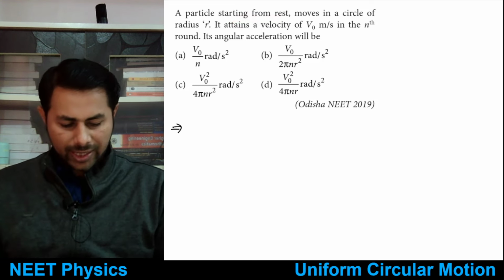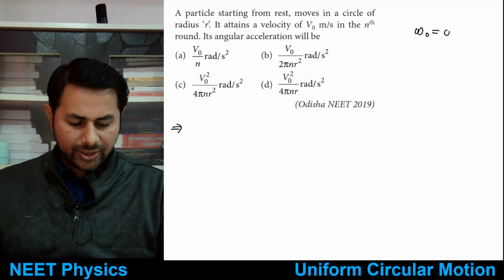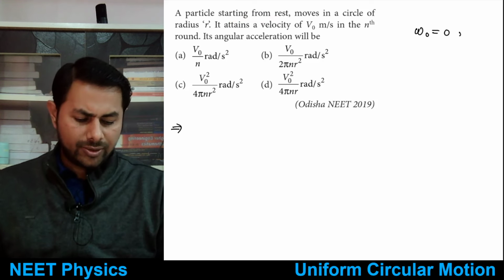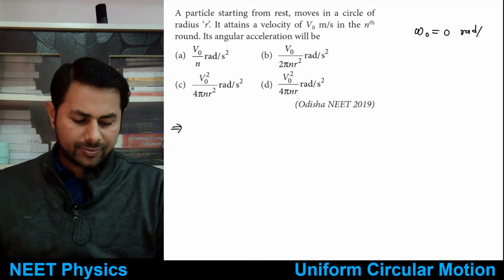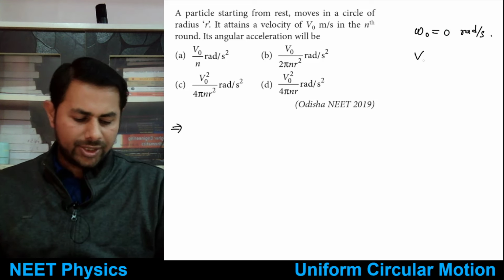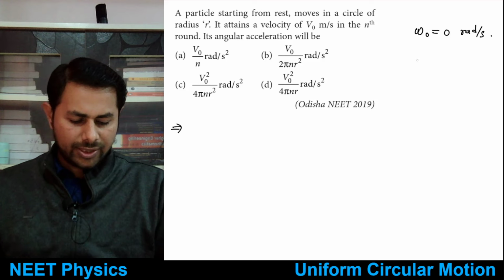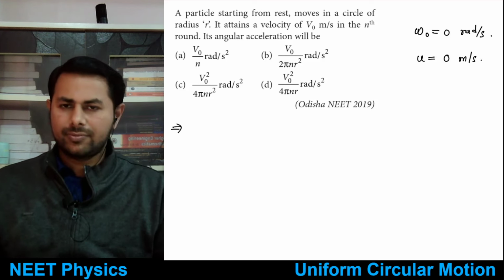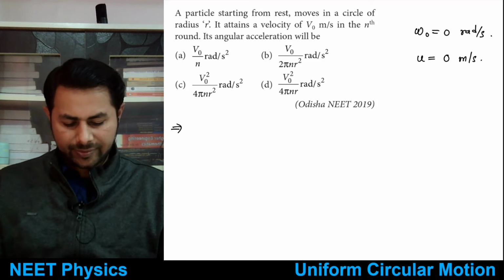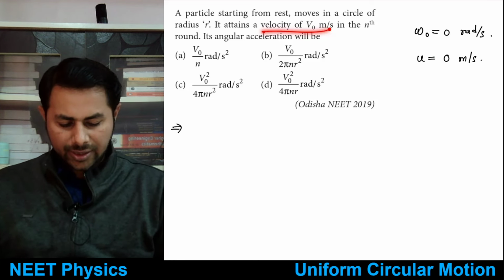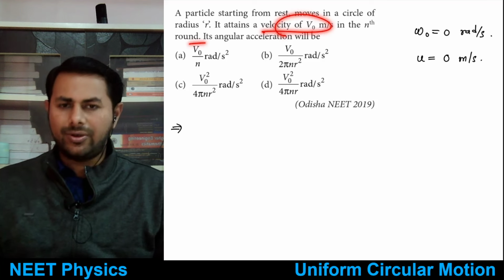So what is the initial angular speed? Omega naught is equal to 0 radians per second. What is the initial linear speed? Let's call it u. u is also equal to 0, because it's starting from rest, and it attains velocity v naught in nth round.